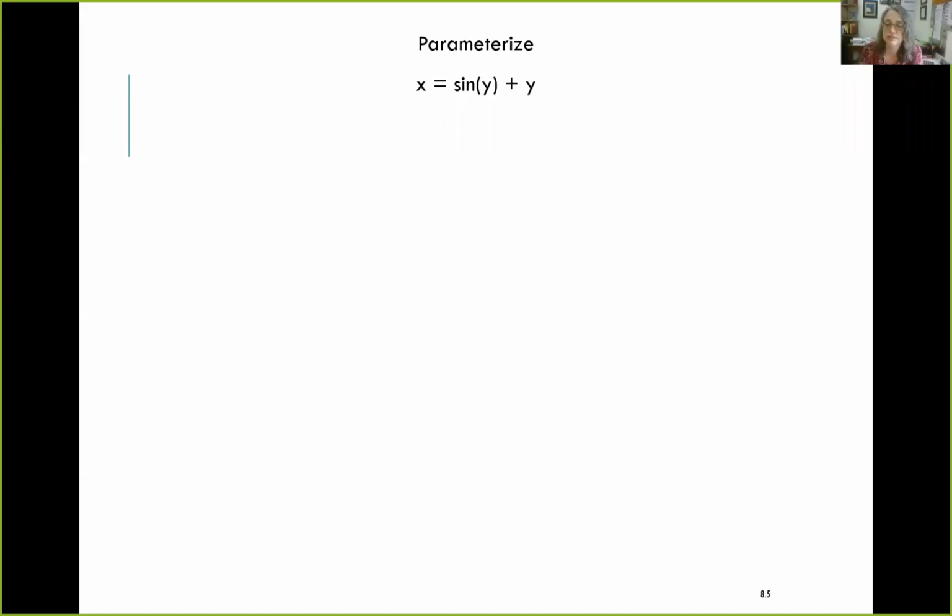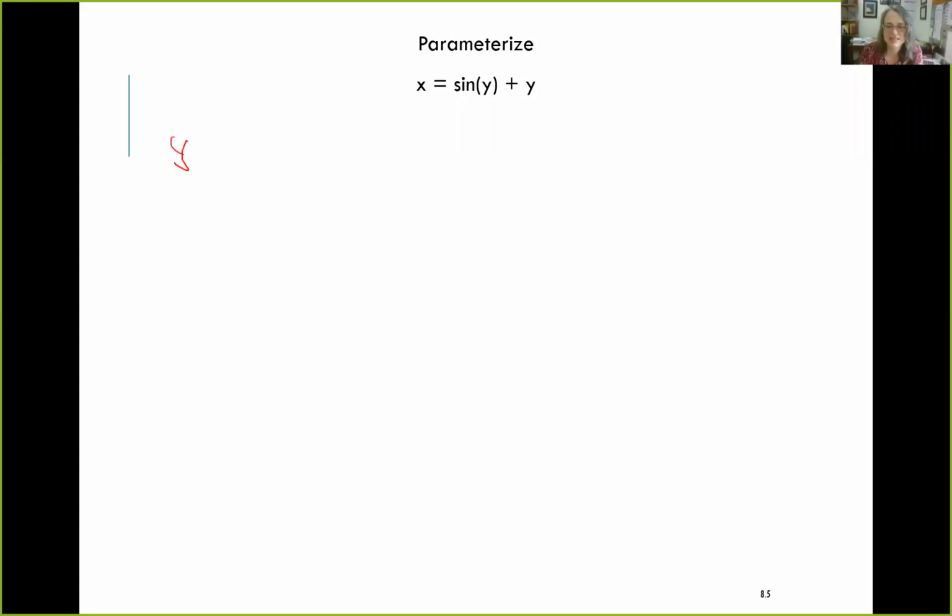So we've got x equals sine y plus y. Pick the variable that is involved in the most complex way. So in this situation, we could not solve this equation for y because we've got a y inside a trigonometric function and a y outside a trigonometric function.